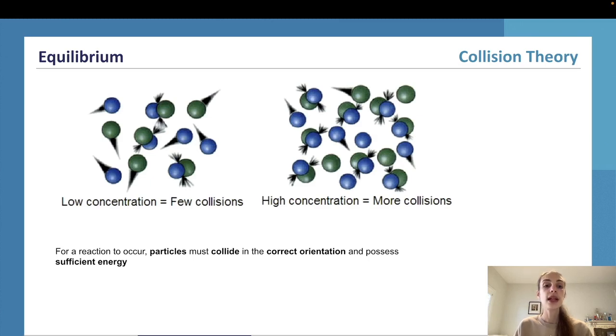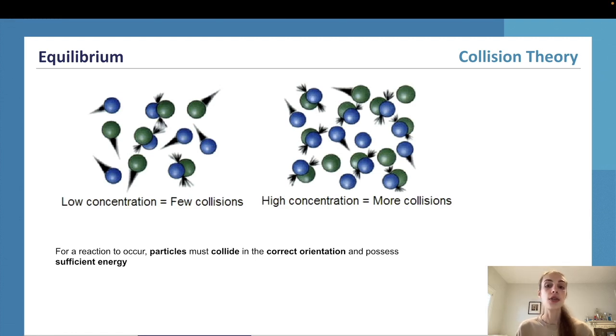So when we're looking at collision theory, for a reaction to occur, the particles must collide in the correct orientation and have enough energy, so being at or above the activation energy, in order for products to be formed. So at a low concentration, there's going to be less reactant particles moving around, so it's going to be less likely that they will collide and form a viable product.